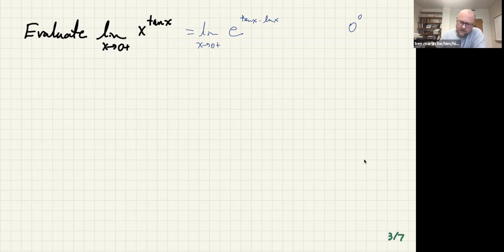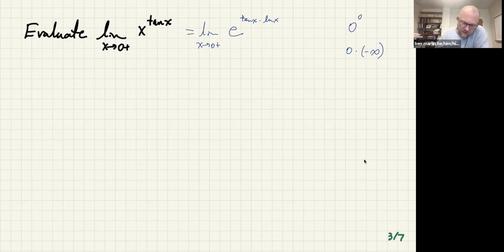So once we have that, we know as x goes to 0, tangent x is going to be 0, and the log of x is going to be negative infinity. So that's not 0 over 0, but it's kind of getting there. Now we have a choice.